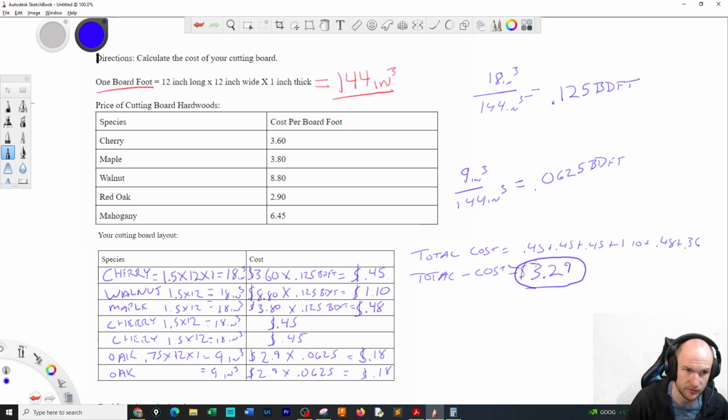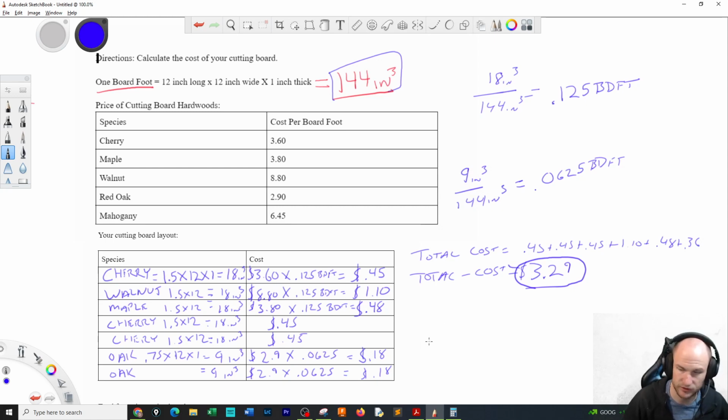I hope this was helpful. The real important things to get from this lesson is this is one board foot, this many cubic inches. No matter how much lumber you have, to figure out how many board feet it is, you would divide it by 144.